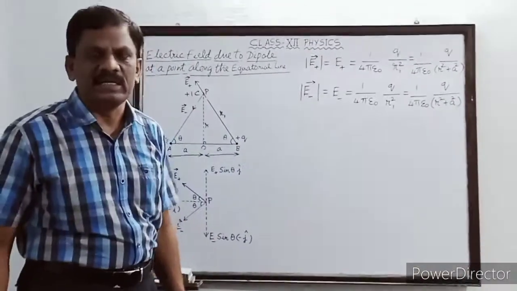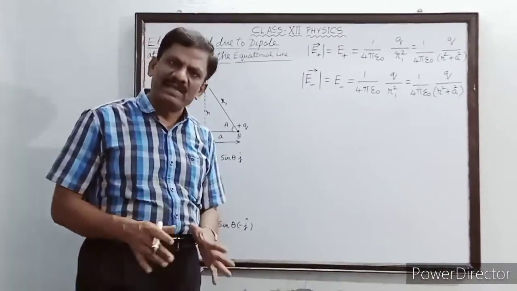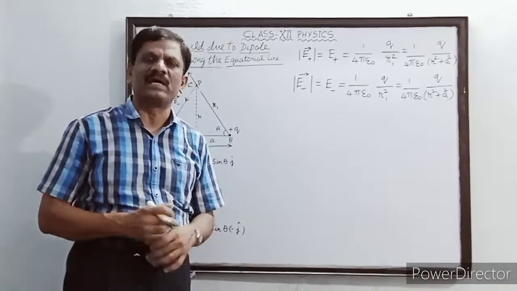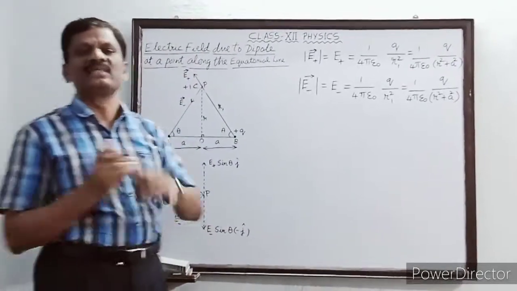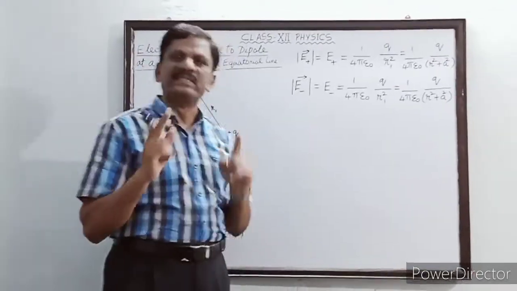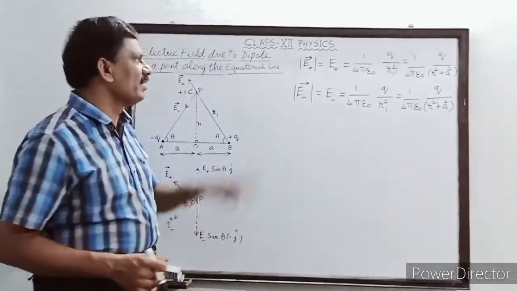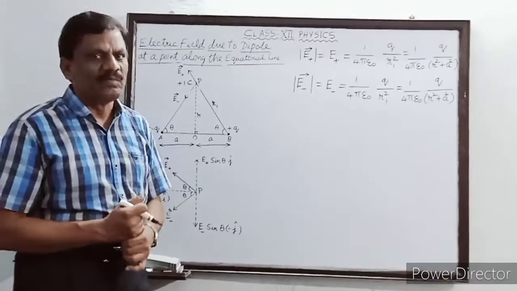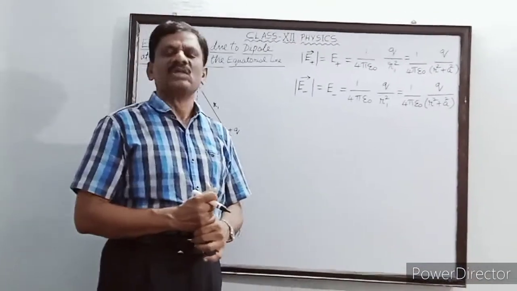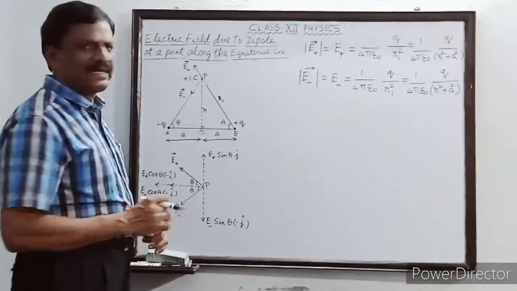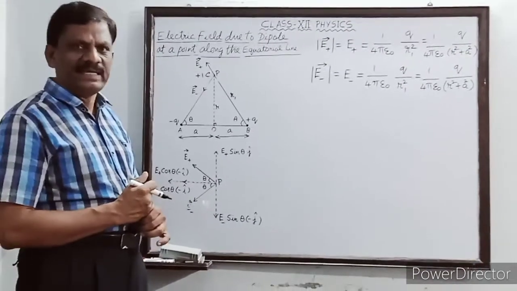Did you all understand? The magnitudes of E plus as well as E minus are one and the same. This is because, by the inverse square law, both the charges plus q and minus q are at the same distance from the given point P. Both are at the same distance. So now you look at the direction of E plus and E minus.